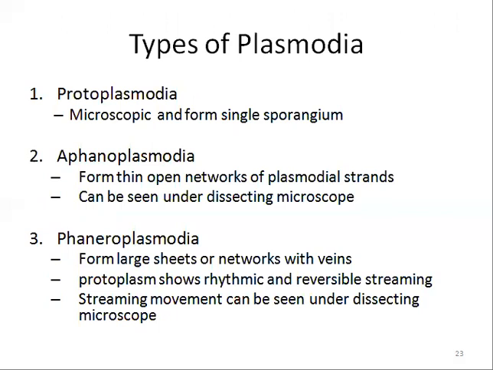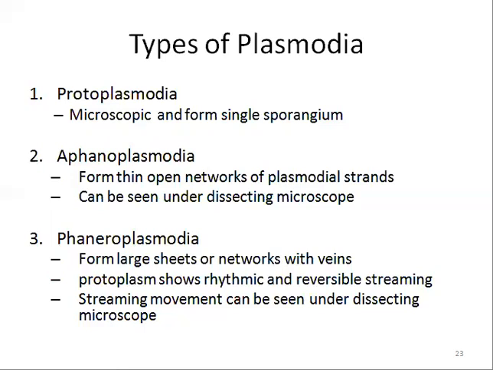These plasmodia vary in size and can be loosely grouped into three categories, particularly on the basis of their size. So these are the types of plasmodia based on the differences in their size. The first one is the protoplasmodia. These are microscopic structures which usually give rise to only a single sporangium.